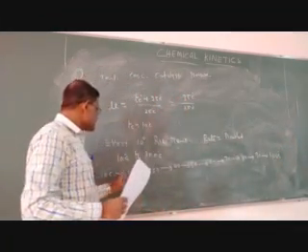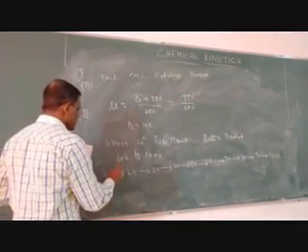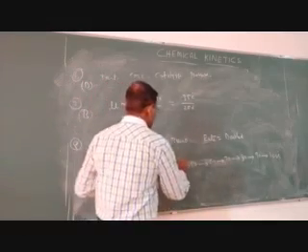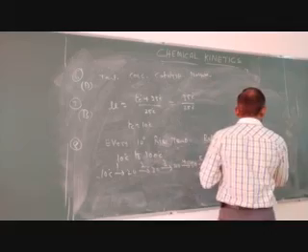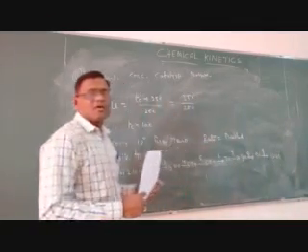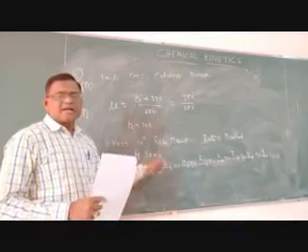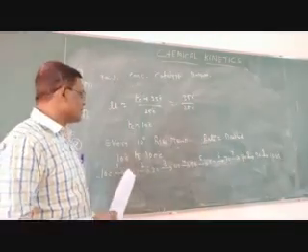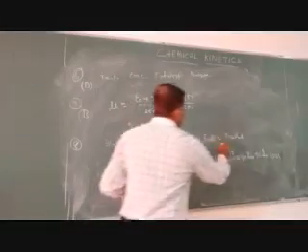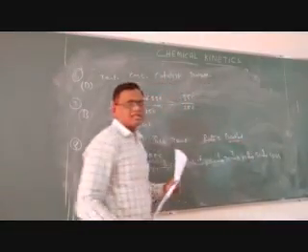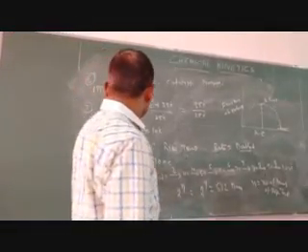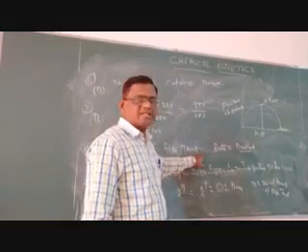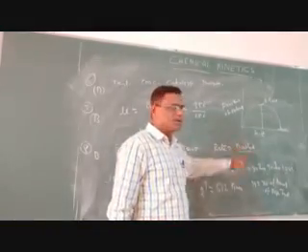Here, for every 10 degrees rise of temperature, how many times does it rise? 1, 2, 3, 4, 5, 6, 7, 8, 9. So 9 times the temperature rises. The given rate doubles with every 10 degrees rise in temperature. So see, children, for every 10 degrees rise of temperature, the rate of reaction becomes double.